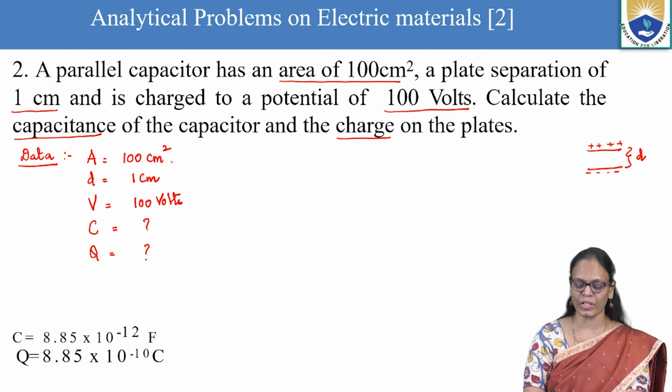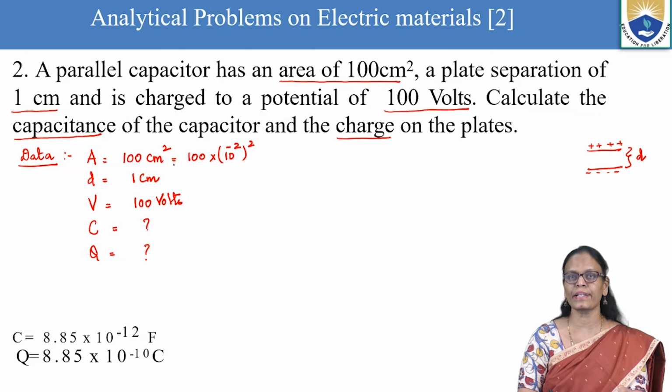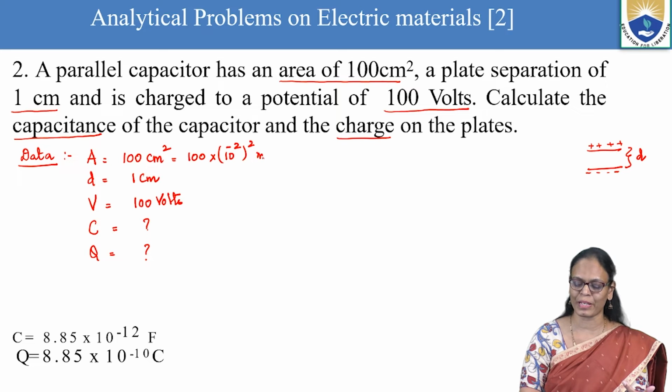So the area we need to convert into meter square. So it should be 100 into 10 power minus 2 whole square, because 1 centimeter is equal to 10 power minus 2 meter. So we are converting the centimeter square into meter square.